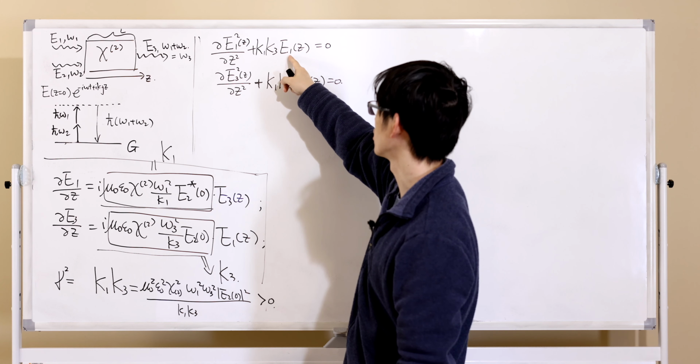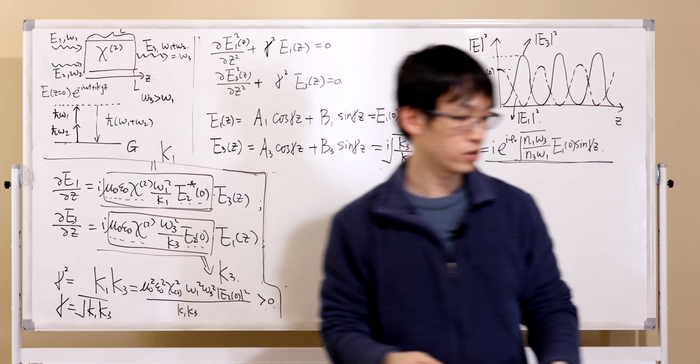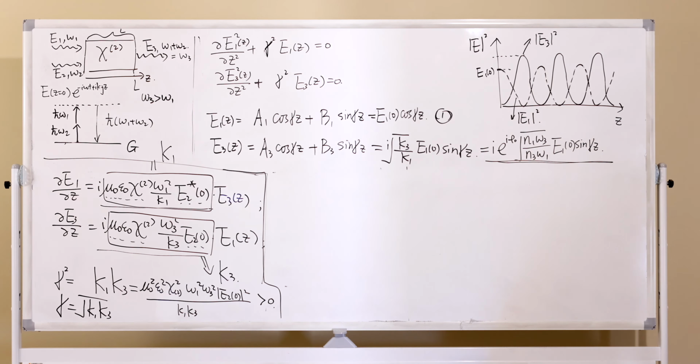Now the question I have here is: does this oscillation behavior make sense? Can we actually tell from the very beginning that in sum frequency generation the amplitude would oscillate, or do we really have to go through all the trouble of solving the math here? The answer is, we can predict this from the very beginning.